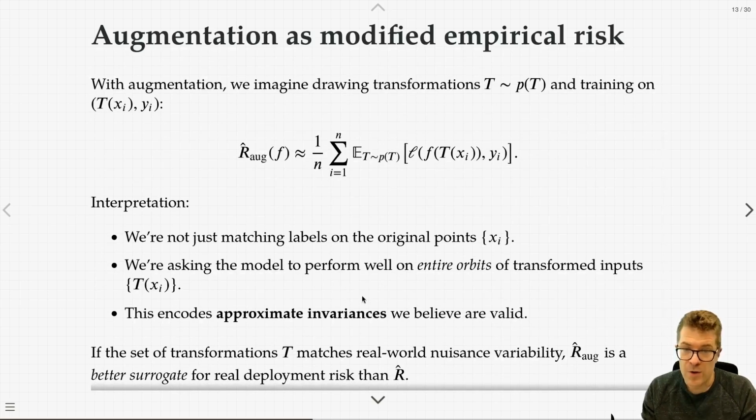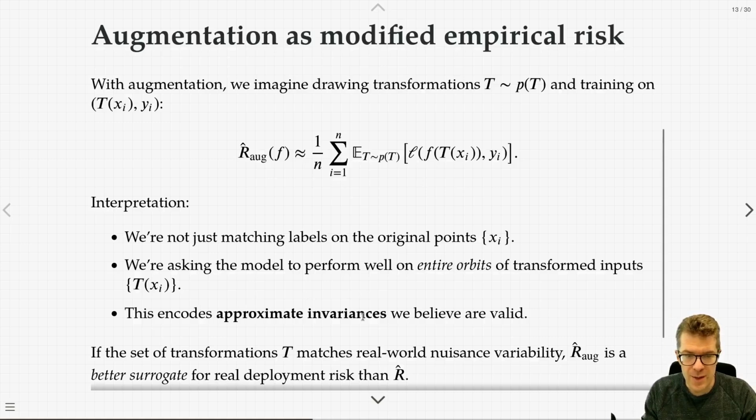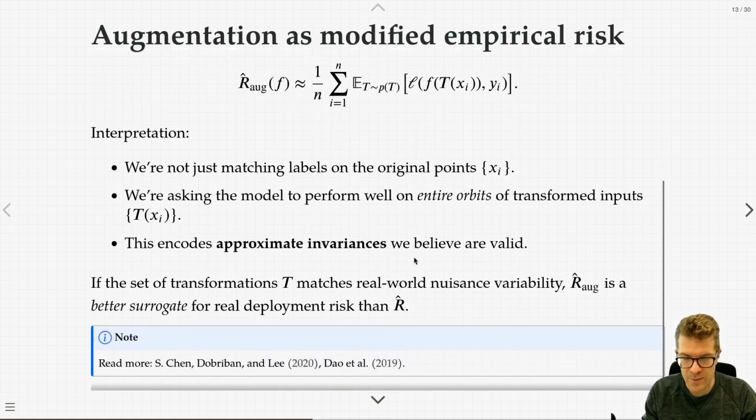We're asking the model to perform well on the entire orbits or regions of transformed inputs, which we've called T of x sub i. So don't just perform well on the original data, but also on these possible transformations. This encodes approximate invariances that we have to believe are valid.